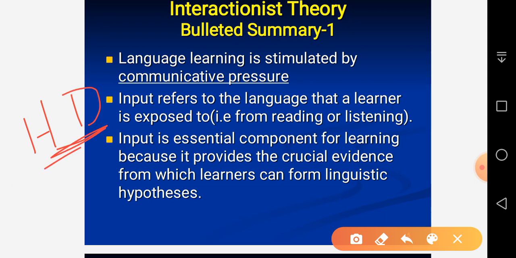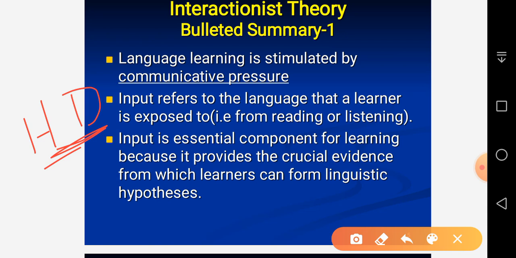So when the input is received, the learner makes a hypothesis. It tallies the incoming sentence with the innate structure. If the language received is according to the language available in the deep structure in the universal grammar, the hypothesis becomes true.